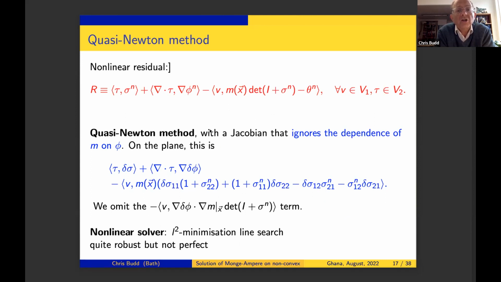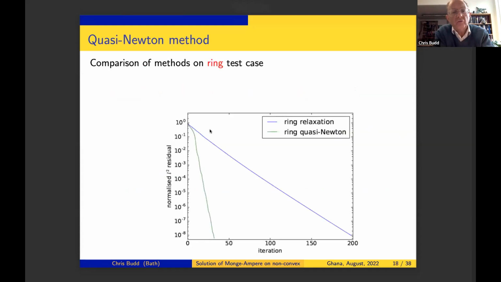And that works pretty well, actually. It's pretty robust. It's relatively easy to implement. And in the green, this is the ring problem that we looked at earlier. You can see the convergence of the quasi-Newton method is significantly faster than the relaxation method.